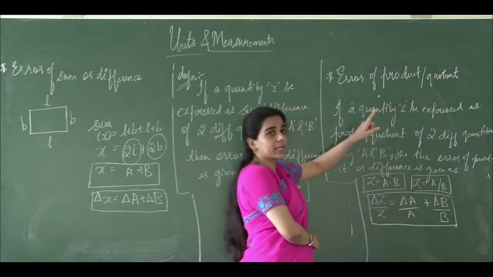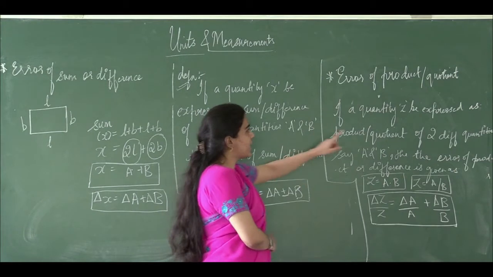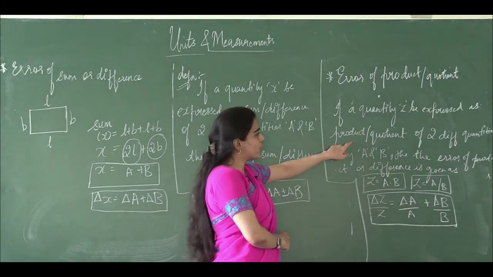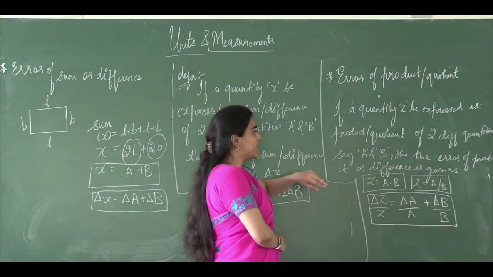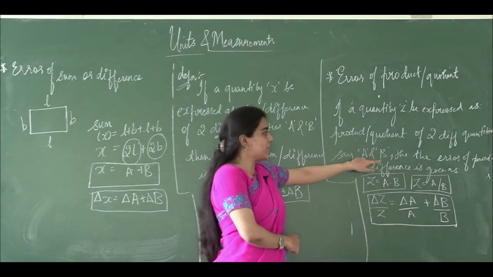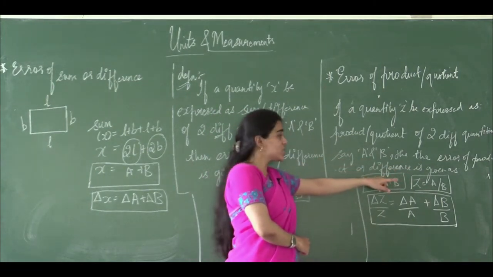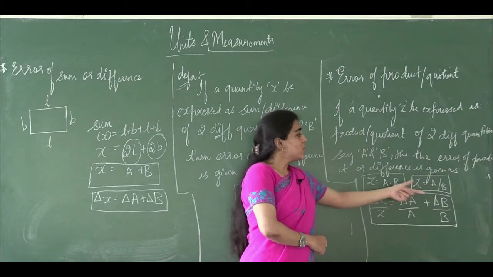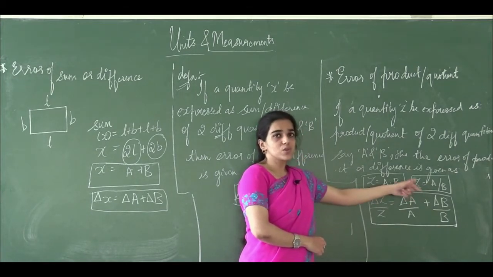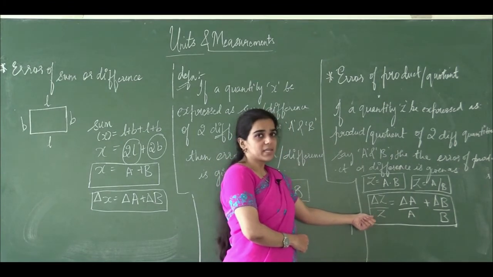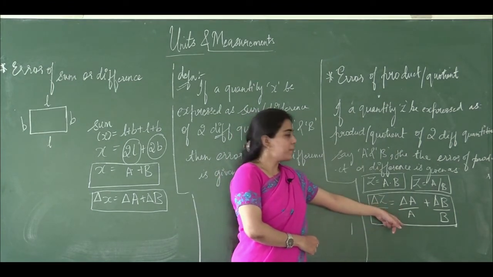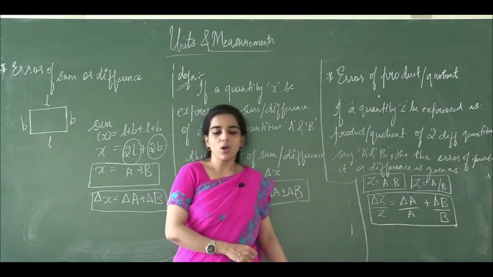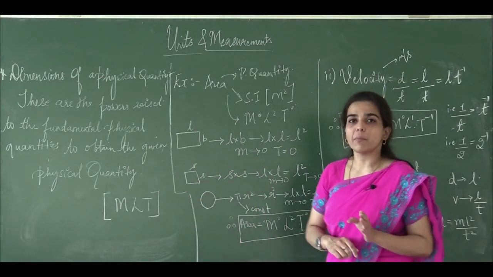The definition is again the same, where instead of x I have taken the quantity to be z, and as it is expressed in terms of the product or quotient of two different quantities, I have again taken them to be A and B. For z, the product will be A dot B and the quotient will be in the form of A by B. So we can write delta z by z equals delta A by A plus delta B by B. This is called the error of product or quotient. So far we have studied measurements and errors.